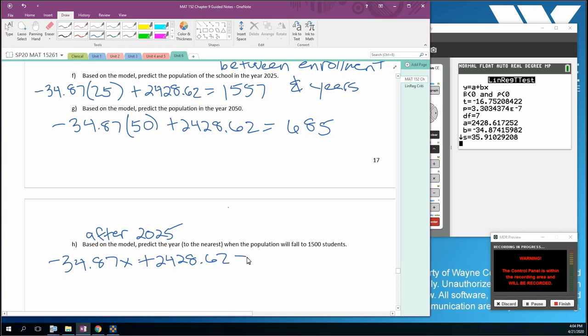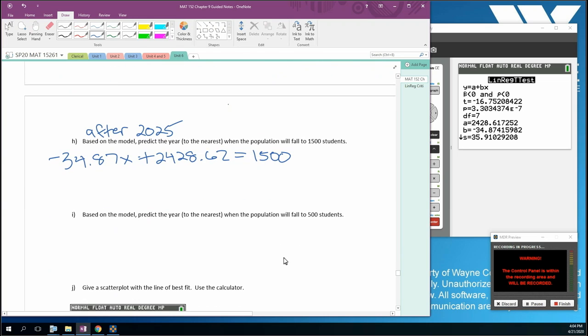Now we're going to get x here, but remember, you have to add 2,000 to that. So x is going to be, to the nearest whole number, 27 or 2027. So I would allow you some wiggle room on this.